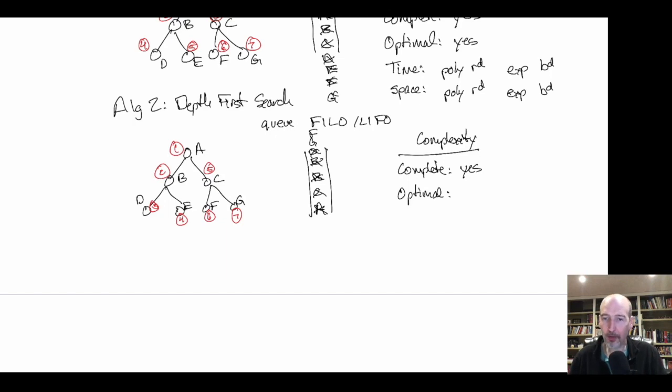Okay, so optimal, it depends actually. So if you knew, for instance, that this was a tree and the goal was always going to be at the bottom of the tree, then you would be optimal. But if the goal is allowed to be anywhere in the tree, actually you're still okay as long as there's only one goal in the tree.